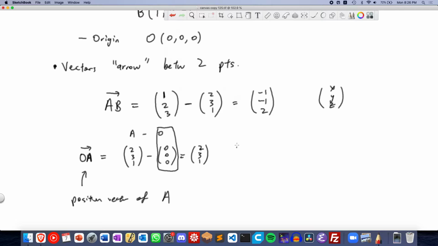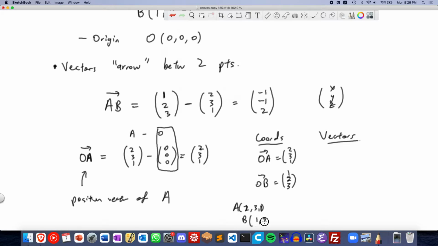Do note that there's a key distinction between coordinates and vectors, and that is that coordinates are always from the origin. For example, you have OA, 2, 3, 1, or you have OB equals 1, 2, 3. And sometimes you write them in a format like that also. However, for vectors, it is between 2 points.